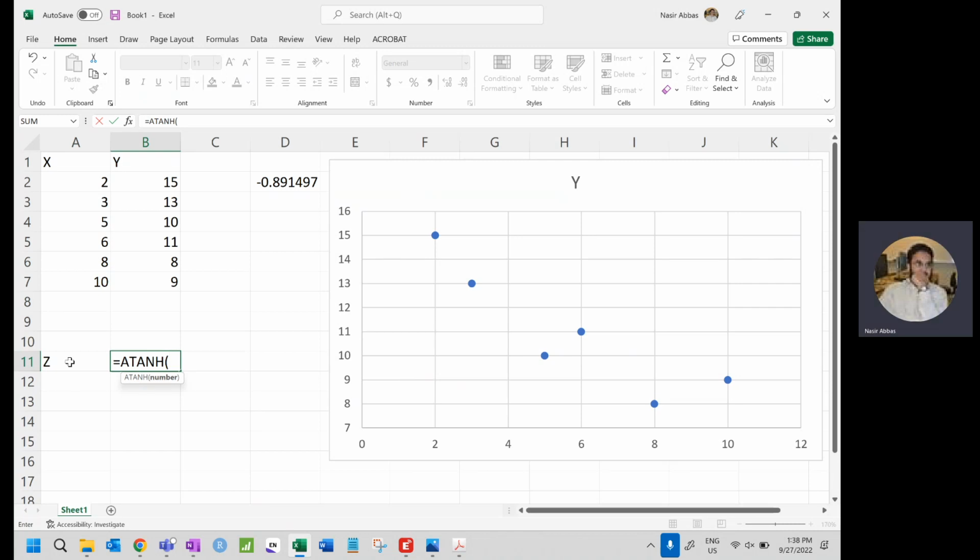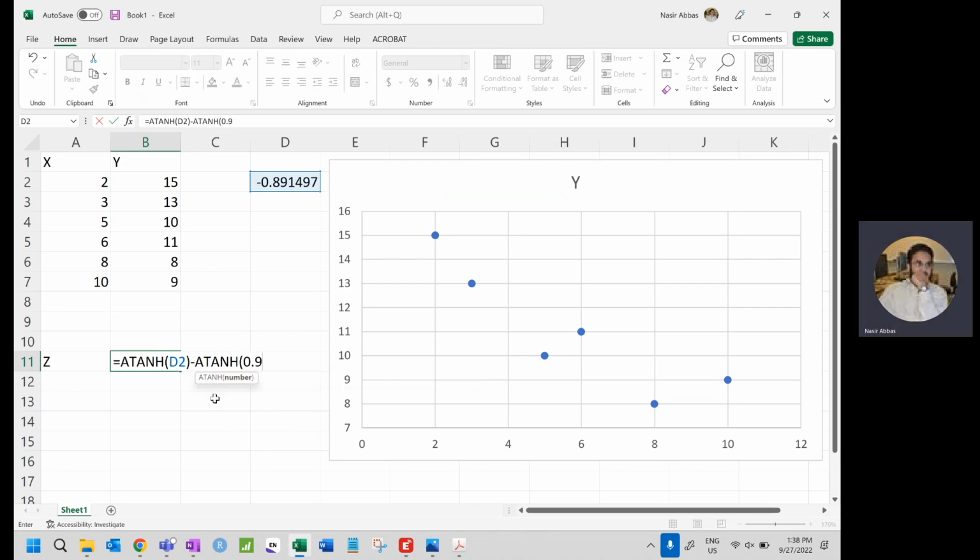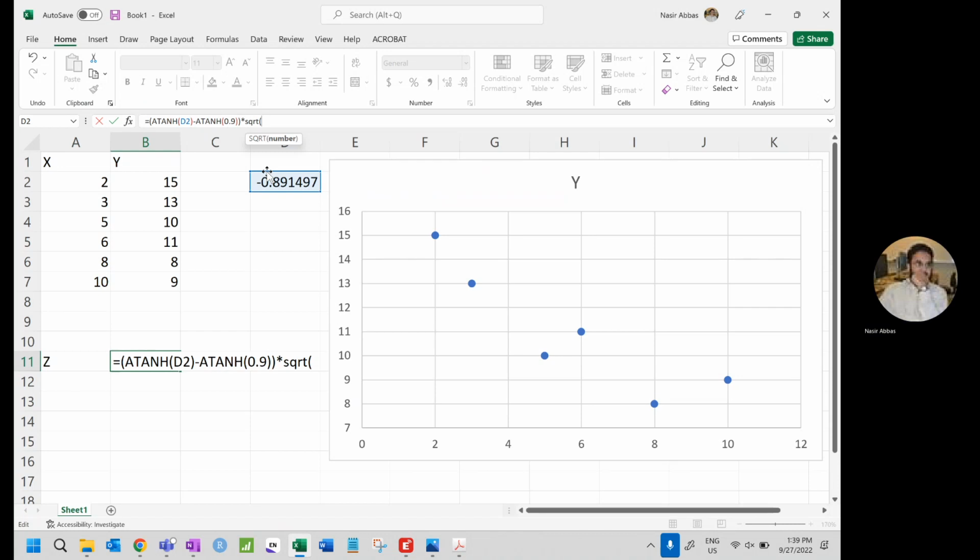This is tanh inverse of this R minus tanh inverse of 0.9, whole multiplied by the square root of what is n? 6. 6 minus 3 is 3.